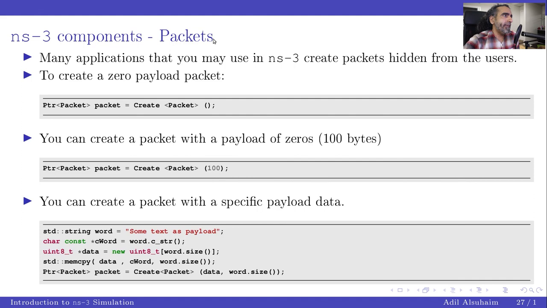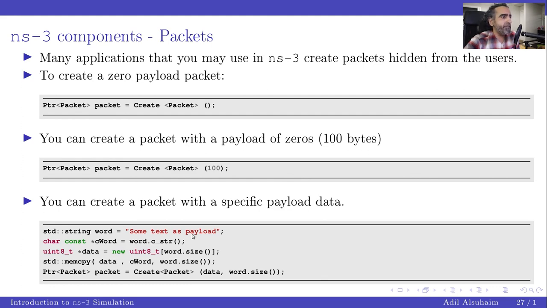So to create a packet, an empty packet is like this. This is a packet with 0 payload. This is a packet with 100 bytes of payload, and that's basically all zeros, okay?